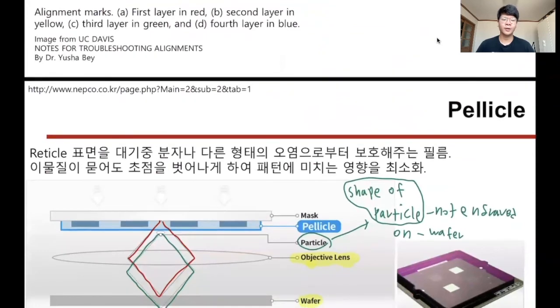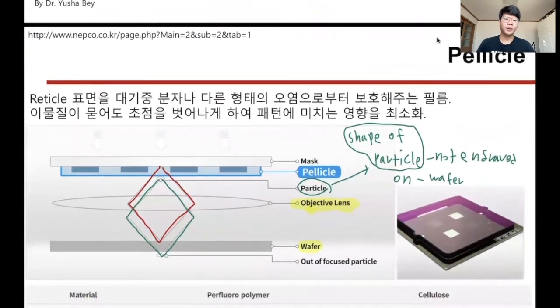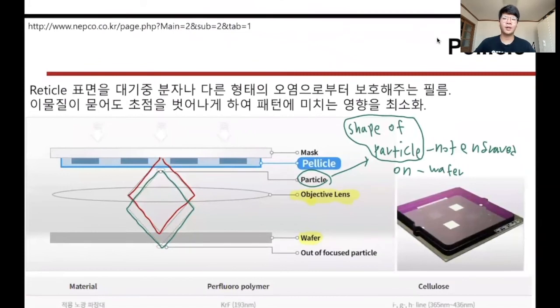And there are pellicles. Pellicles are protective films for the photo mask, which prevent any particles from reaching it by using the focus.